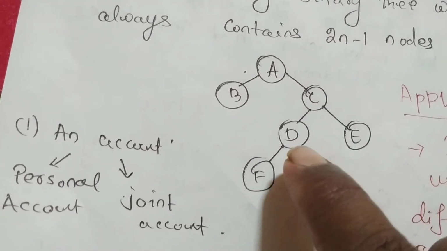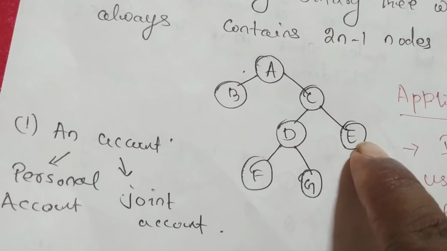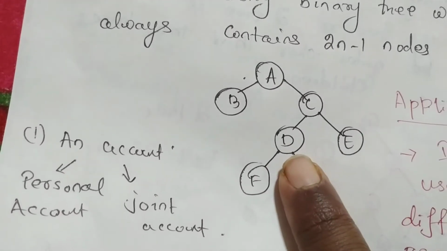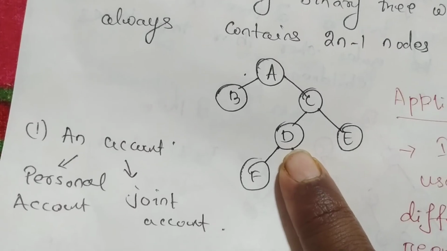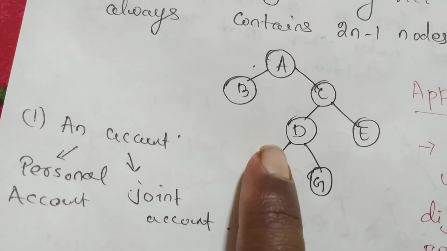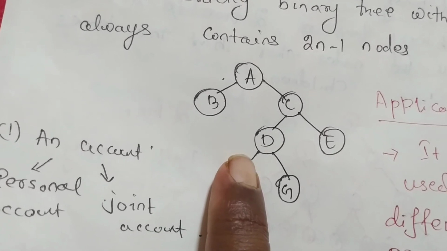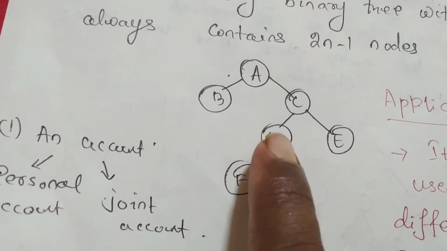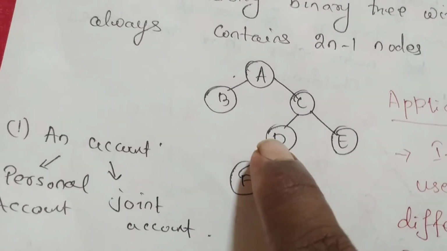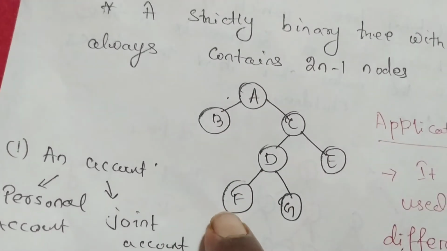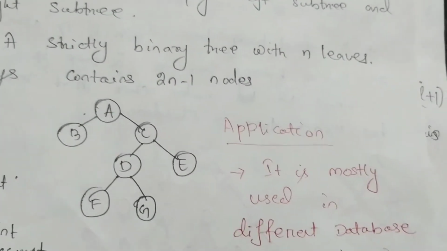C is a non-terminal node having a left subtree and right subtree. But if I remove the right subtree, or the left subtree, then it will no longer be a strictly binary tree. Because when it has both left and right subtrees, then it is a strictly binary tree.